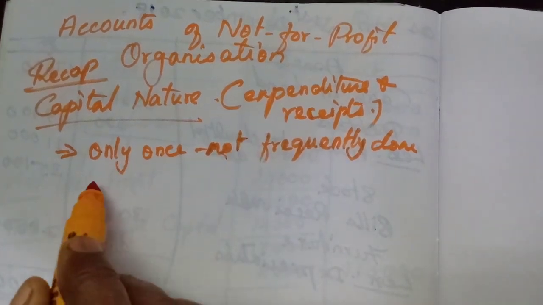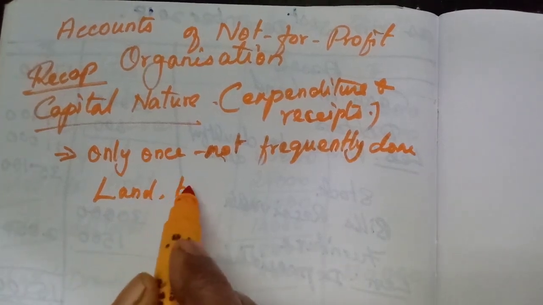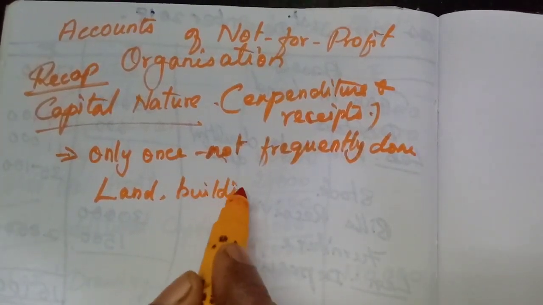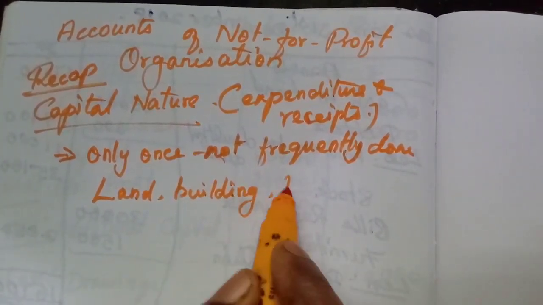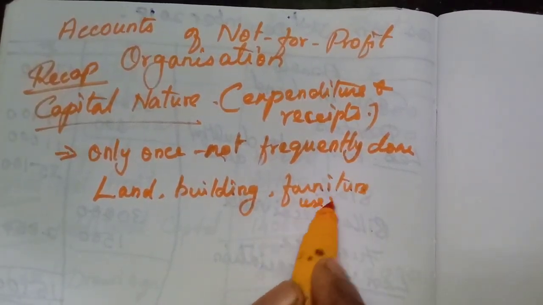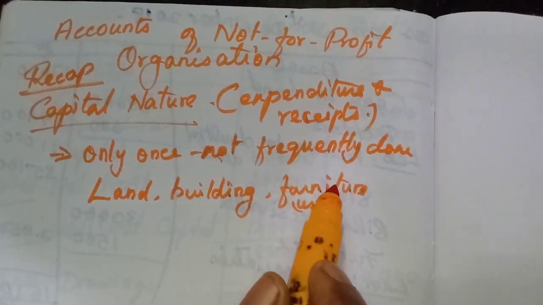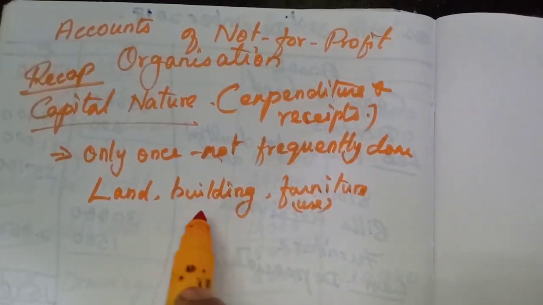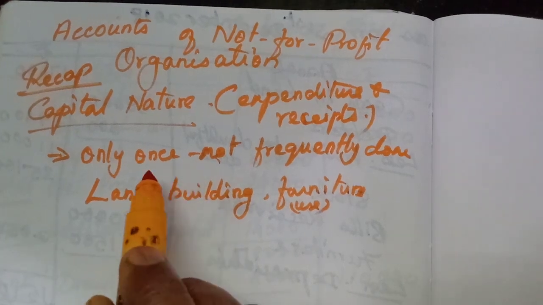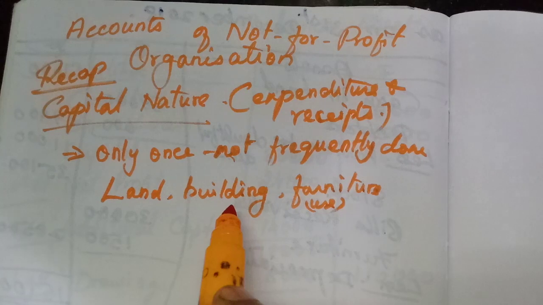For example, we purchase land or we build a building or we buy furniture for use. All these we spend on. We do that only once or twice, maybe very few times.